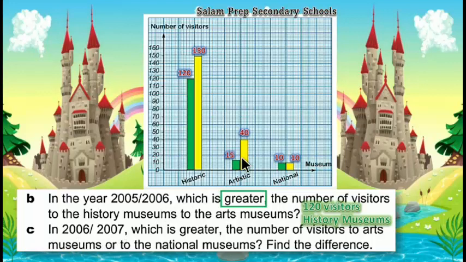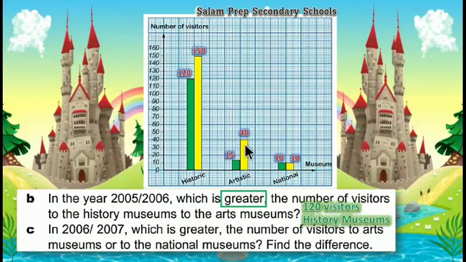So we will look at the second column with yellow color, okay? But take care, we need to look at arts museum and national museums.